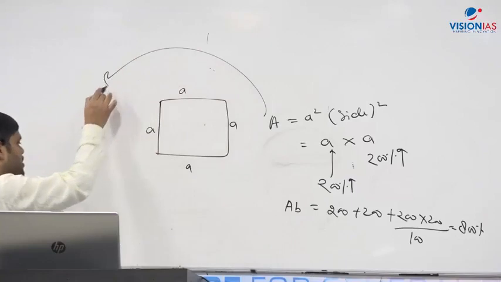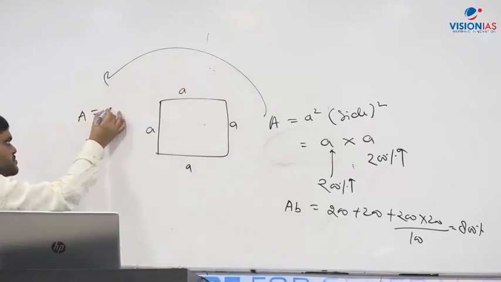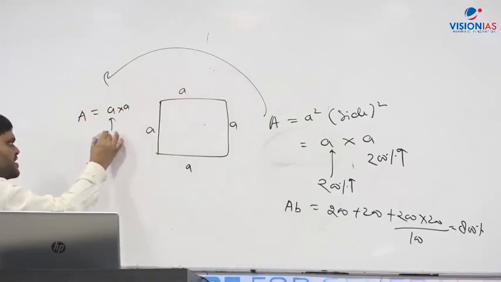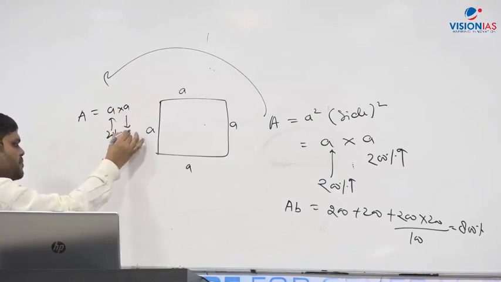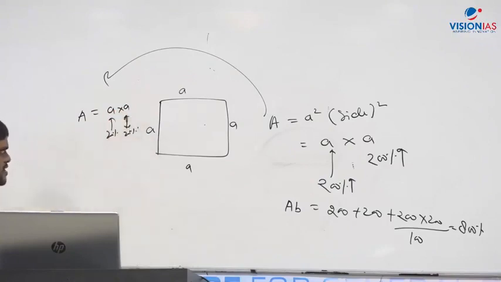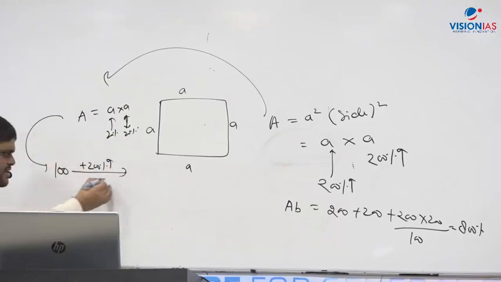The second way was, since we know that there is a 200% increment in both cases, we will take this as 100. Now 200% increment. What is the meaning of 200% increment? Increment means addition. How much? 200%. 100% of any number is that number. 200% of that number is double of that.